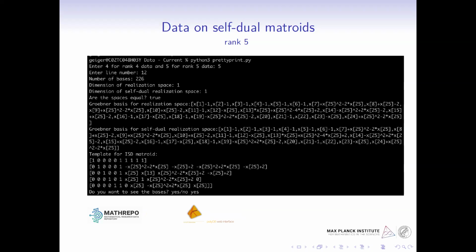And you can get also templates for the matroid, like here. So you can see this still contains a variable x25, which you will have to set according to the Grobner basis. So this template's only solving the linear part. Everything more complicated you'll have to do yourself. But you have all the information here.